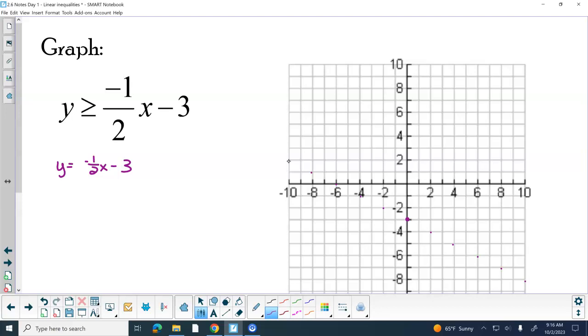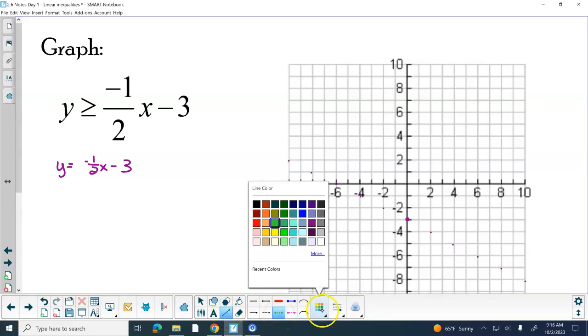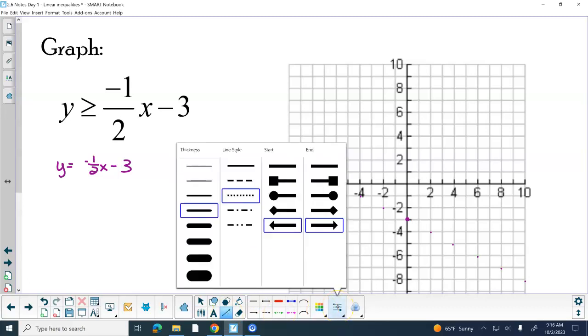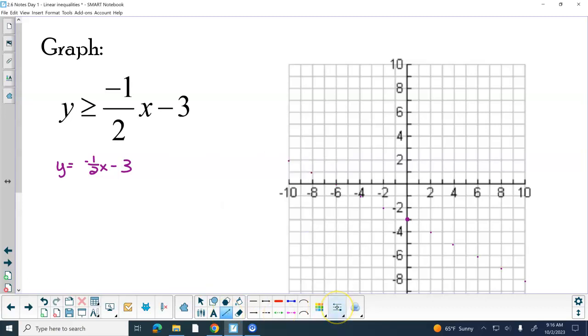Solid, because we have the equals component in the original problem. So it will be a solid line stretching all the way across.